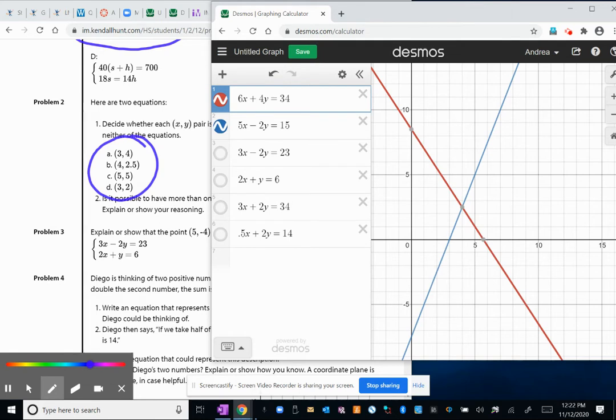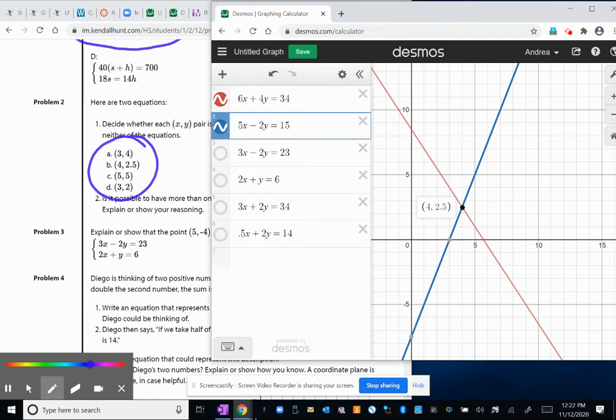The point 2.5, 4 appears to be the solution to both equations, the solution to the system actually. So answer choice B is for both. The point 5,5 is up here, and it looks like it's just on the blue line. So that would just be the second equation.